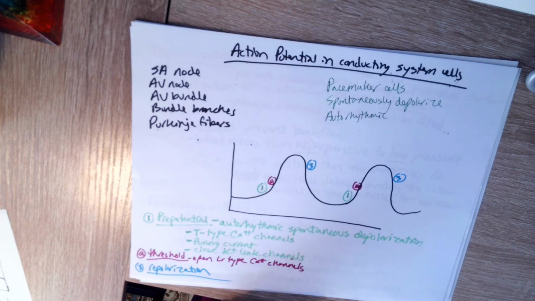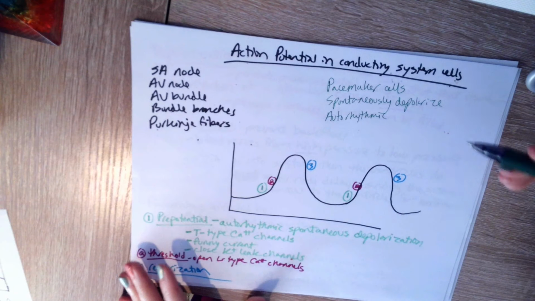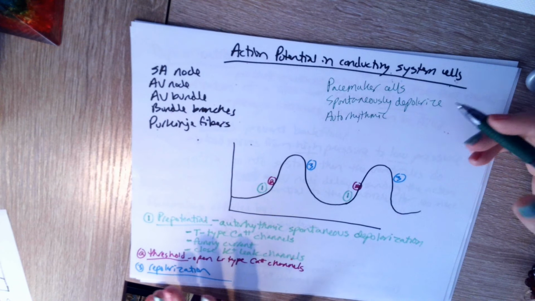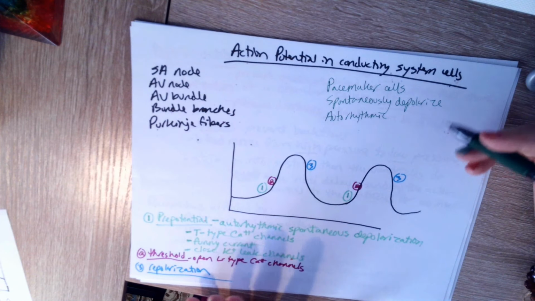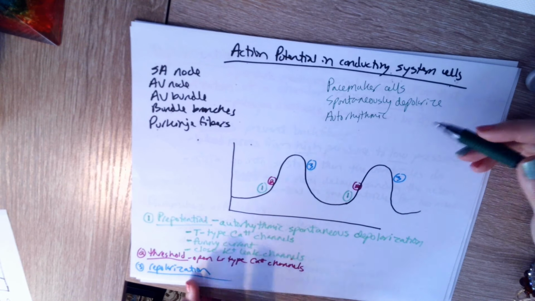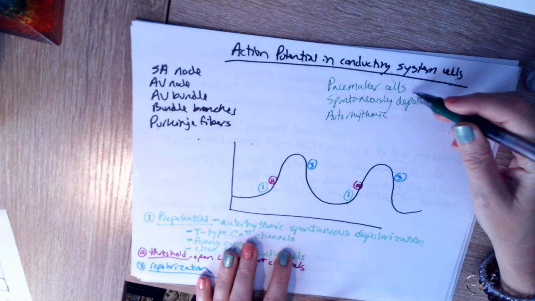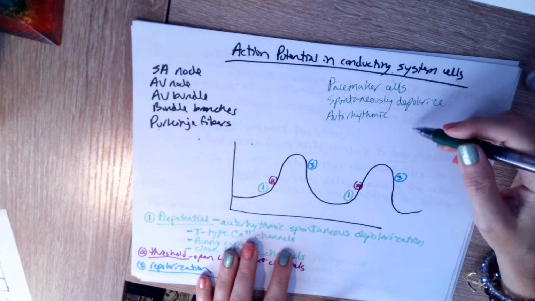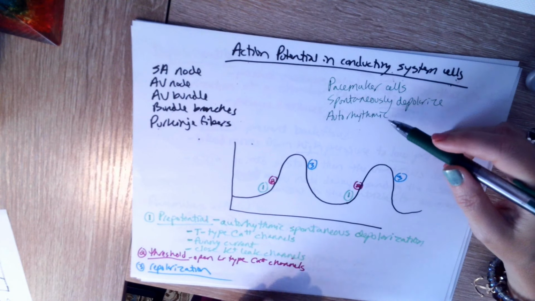They don't need to be stimulated. The sympathetic and parasympathetic nervous systems can stimulate or inhibit them to speed them up or slow them down. But even if you were to just remove the autonomic nervous system and not have that stimulation or inhibition, these pacemaker cells would still continue to spontaneously depolarize in an autorhythmic fashion.